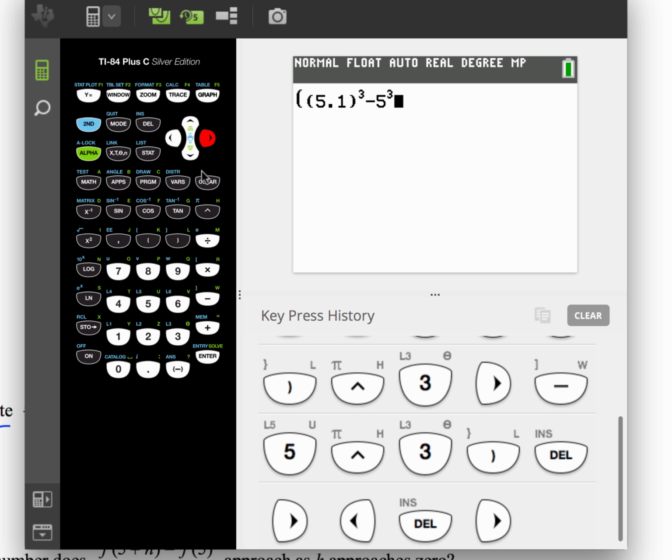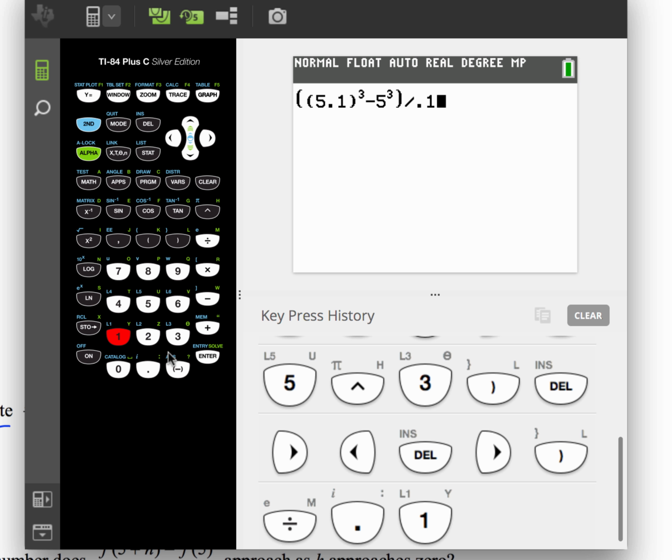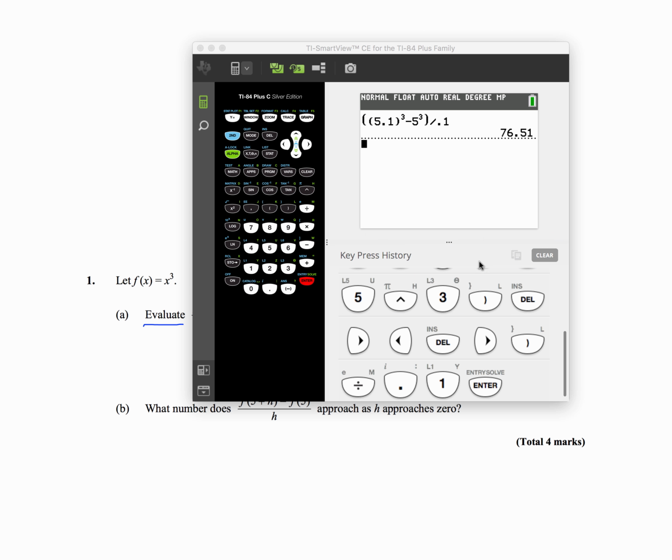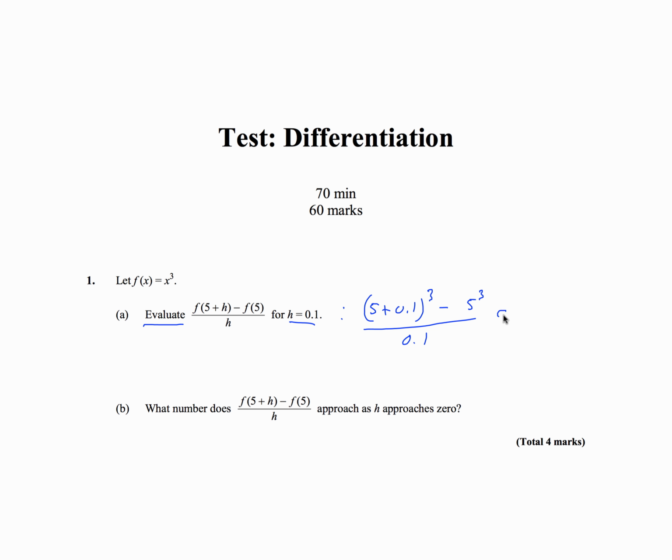Delete. Brackets closed, and that divided by 0.1 is 76.51, but to 3 sig figs, so this is roughly 76.5. Good. So what number does it approach when h goes to 0?